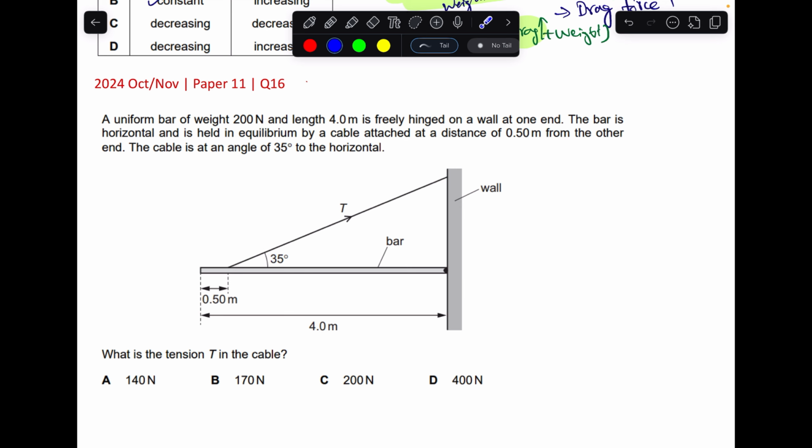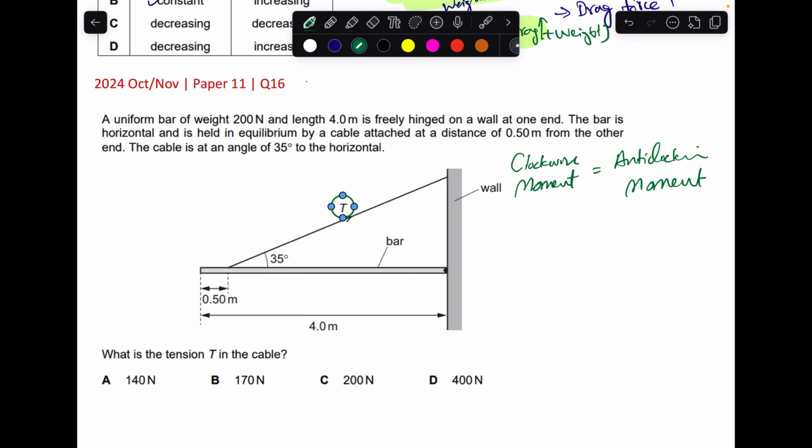To find tension, as it is in equilibrium, it is at rest. So we know the clockwise moment must be equal to the anti-clockwise moment. What are the forces acting on it? One is this force, that is the tension. The other force is the weight of this bar.